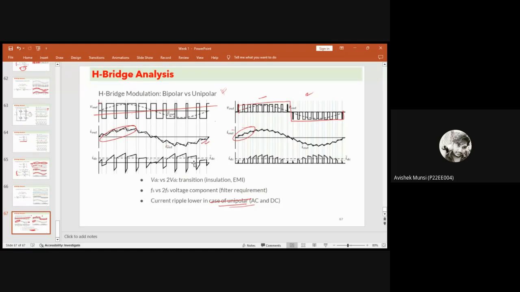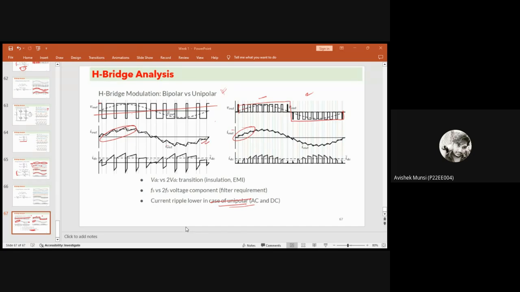The H-bridge is an inverter, and next week we'll go deeper into the design of the converter. I hope you all understand the basics of the DC converter, and we revised a little bit about the H-bridge inverter. There are a lot of things you have to understand in the H-bridge inverter.